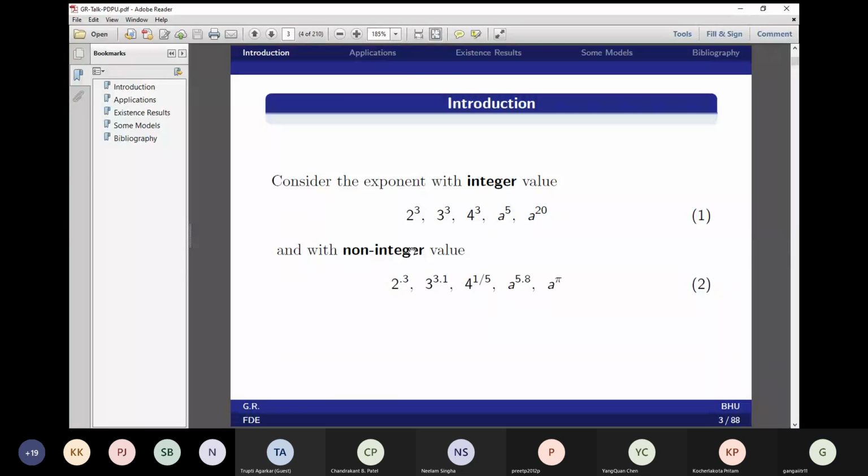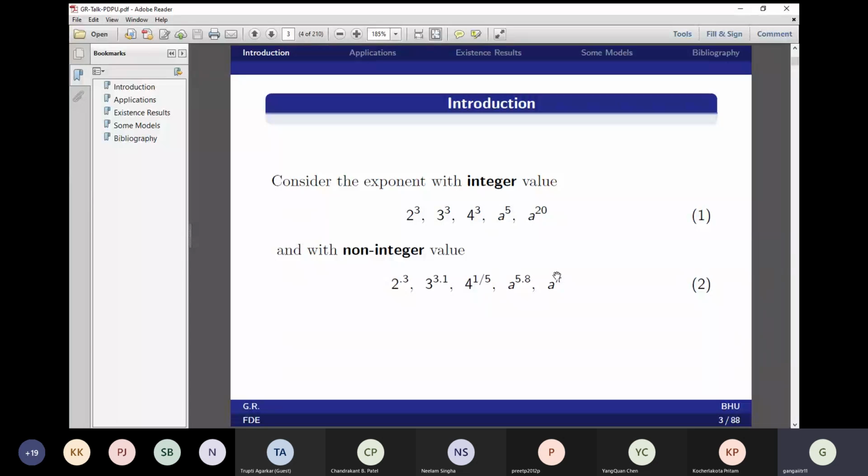But if you want to calculate the value of 2 to the power 0.3, then which procedure can you apply? Or 3 to the power 3.1, 4 to the power 1.5, a to the power 5.8, or a to the power of pi, then it is very complicated, but these values will be very applicable in many things.